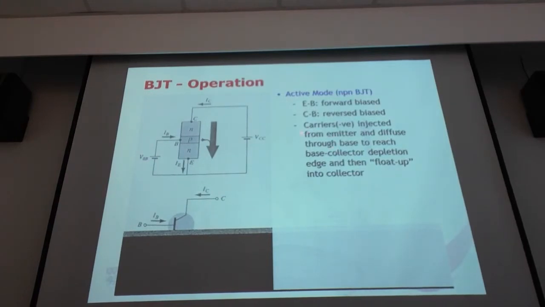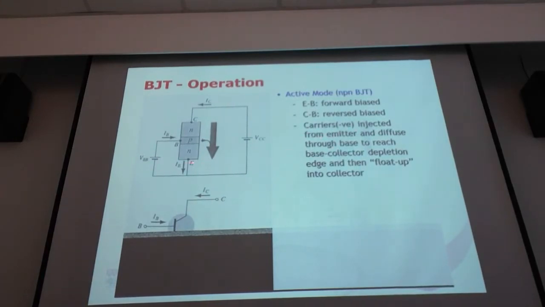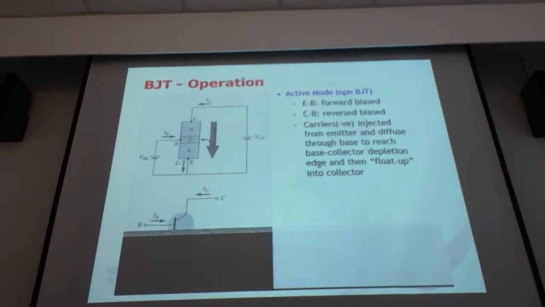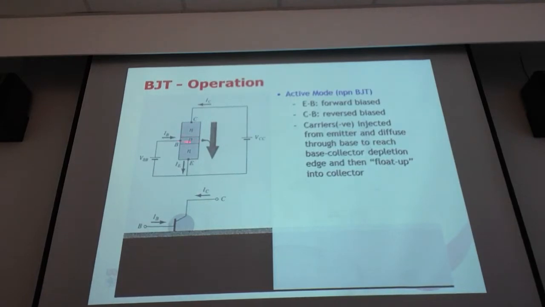So as I just mentioned, the carriers injected from the emitter will diffuse through the base because of the presence of this channel here to reach the base collector depletion end and then diffuse into the collector, and then the circuit is closed.